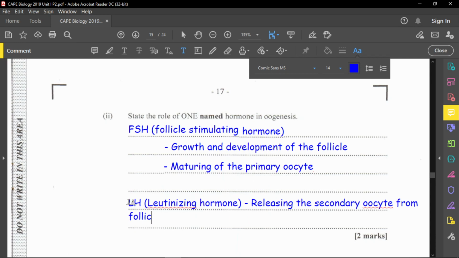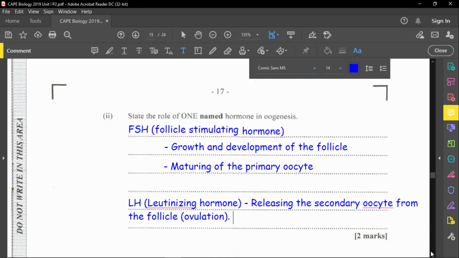Just to make a note of that, release it from the follicle. This is the ovulation process, and LH is responsible for that. Once the oocyte is matured into the ovum, it will be released from the follicle.